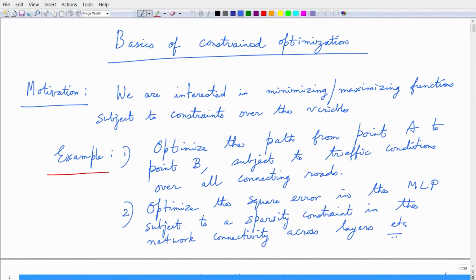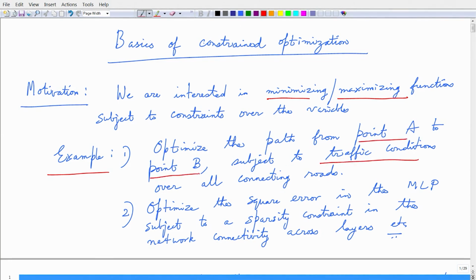We are interested in minimizing and maximizing functions subject to constraints over the variables. So, we have an objective function and we are interested in minimizing or maximizing these functions subject to certain constraints on the variables. Some examples where we discuss constraint optimization would be the following: optimize the path from point A to point B subject to traffic conditions.